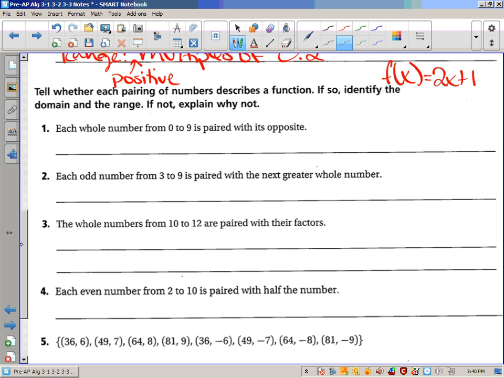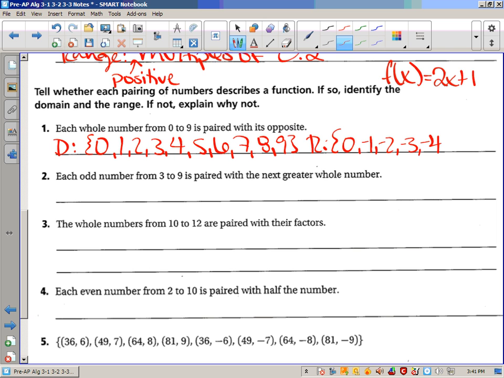So this is a function. So the domain would be 0, 1, 2, 3, 4, 5, 6, 7, 8, 9. And then the range would be the same thing, just negatives, although 0 doesn't have a negative of itself. It's just the same value. So there we go.